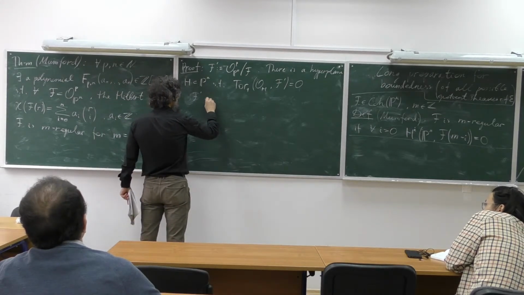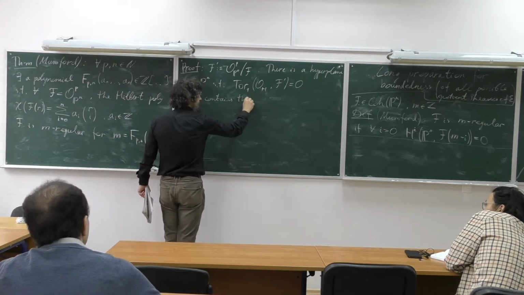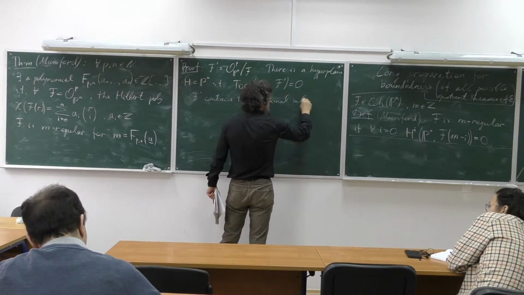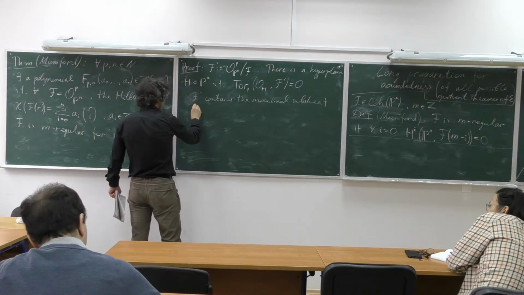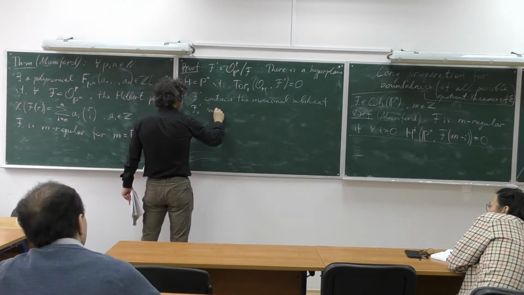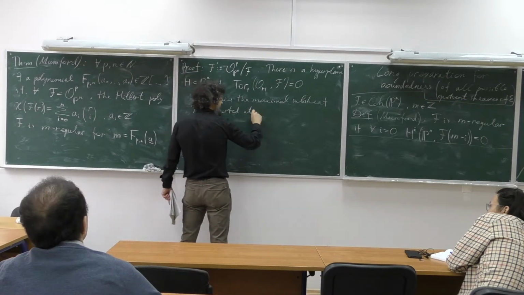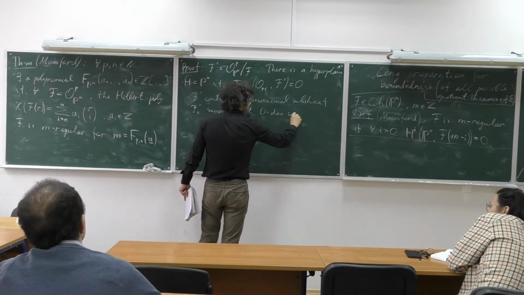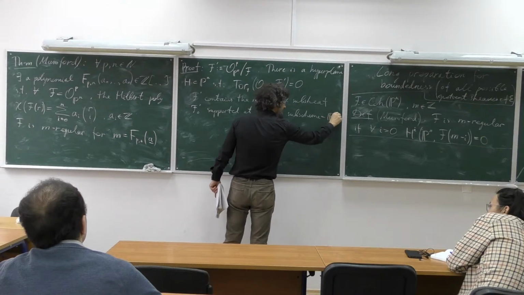So it contains the maximal subsheaf F prime zero supported at some zero-dimensional subscheme in P^n.